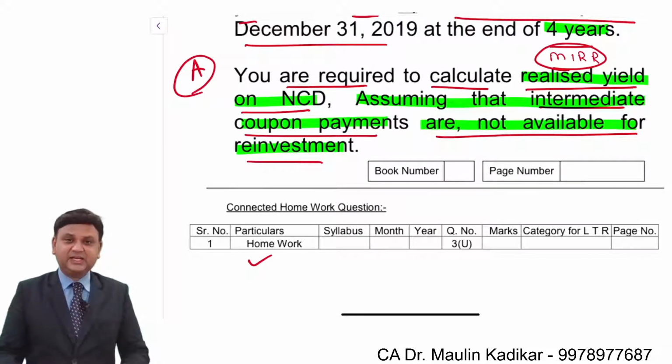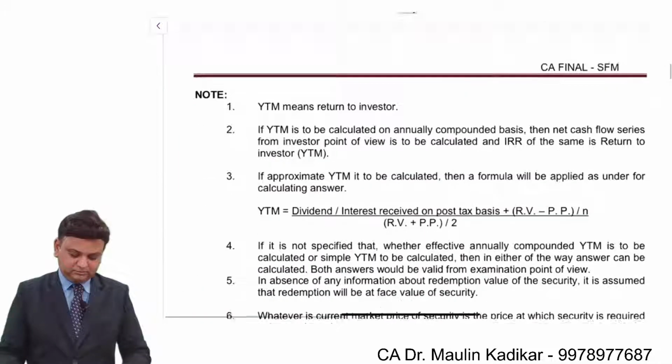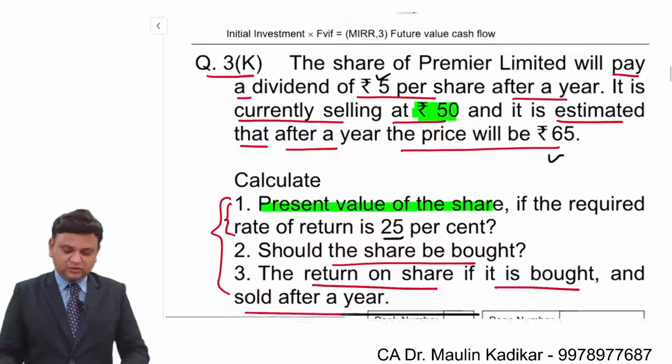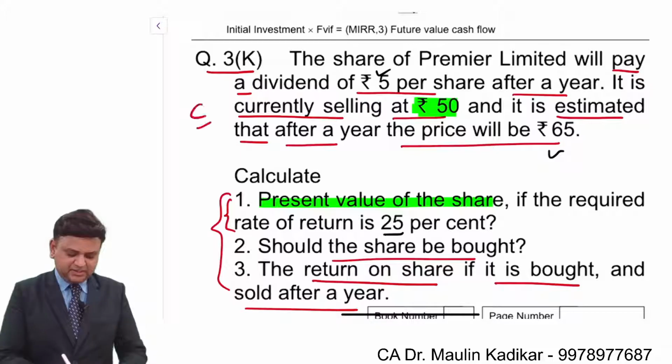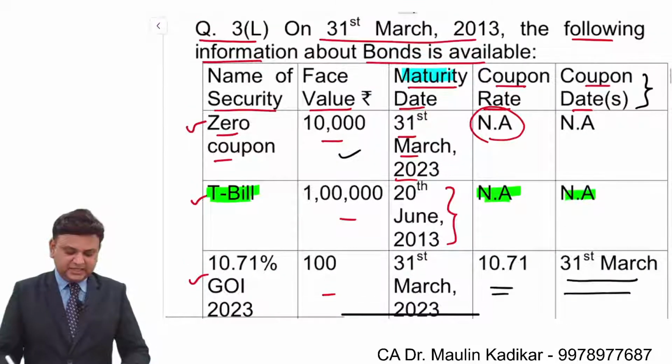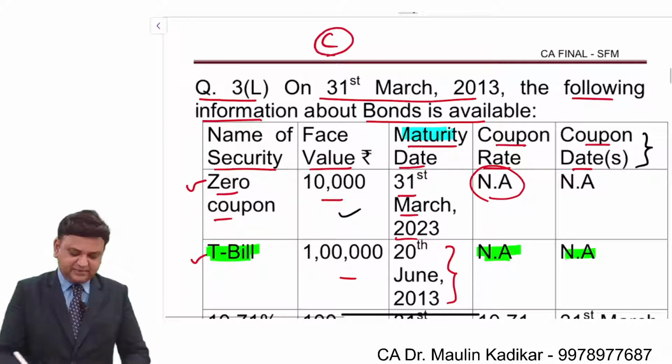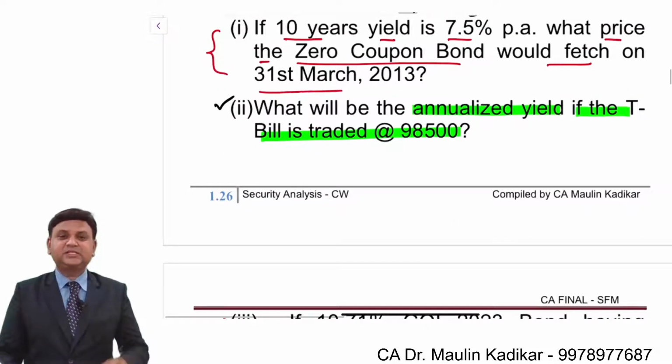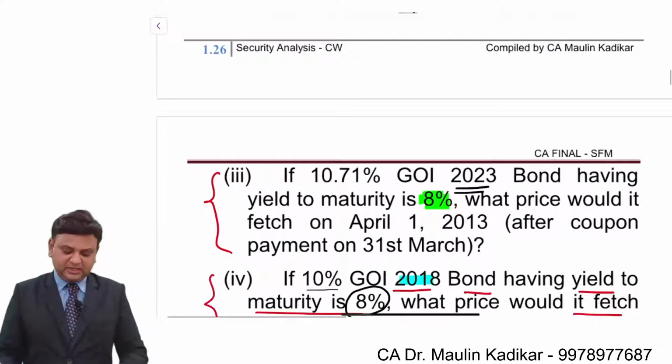So this is an A category question which you need to revise. This is a simple question, not so important. This is only a practice question that I have kept, not so important because similar kinds of questions have already been covered earlier.